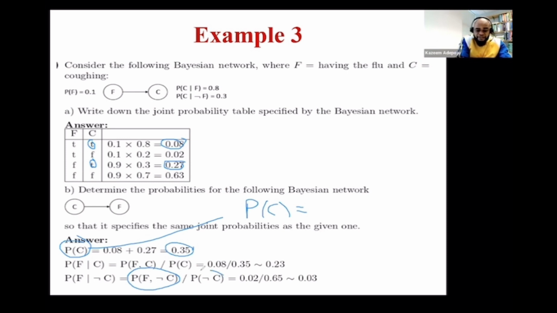So the probability of C here is 0.35, and 1 minus that will give you the complement, which is 0.65. And the one here, you look at the joint of F and the complement of C, which is this guy here. That is where your C is false. You see that? And you get that. So that's super easy, right? I'm going to go to the next question.